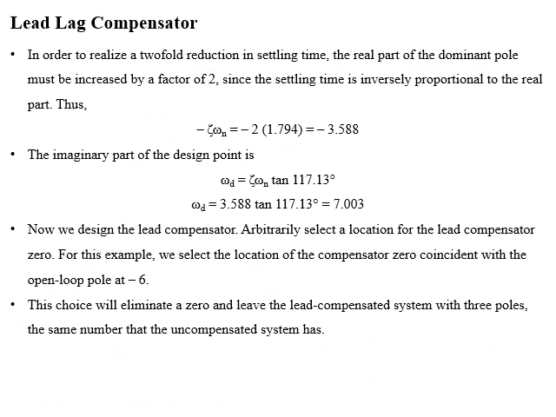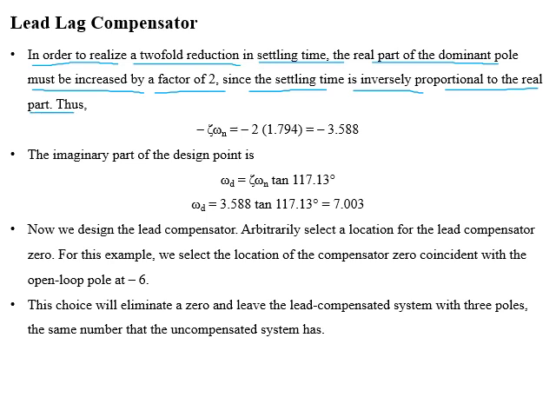Dear students, now in order to have twofold reduction in the settling time, the real part of dominant poles of uncompensated system must be increased by a factor of 2, because settling time is inversely proportional to the real part of dominant pole's location.